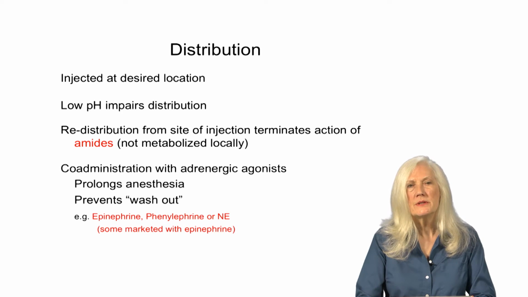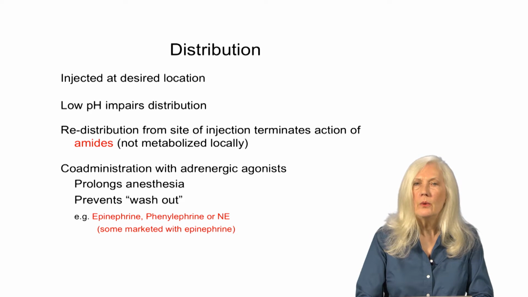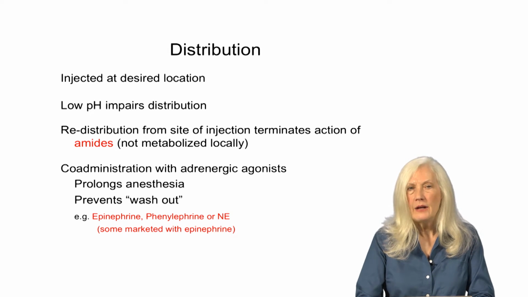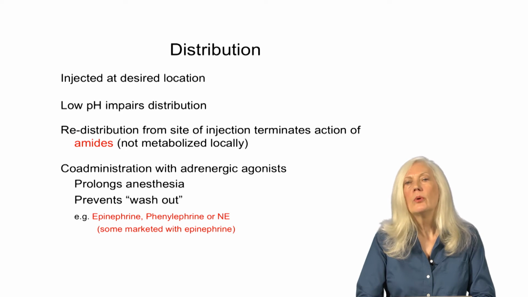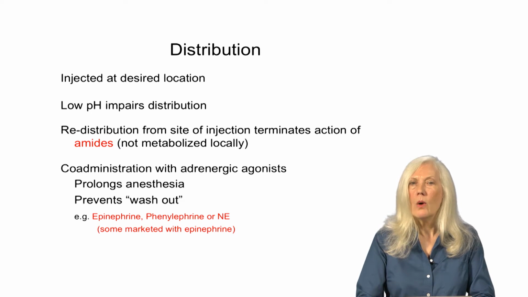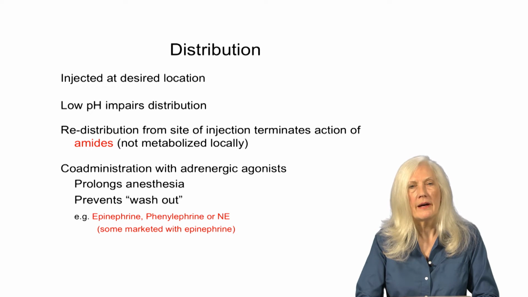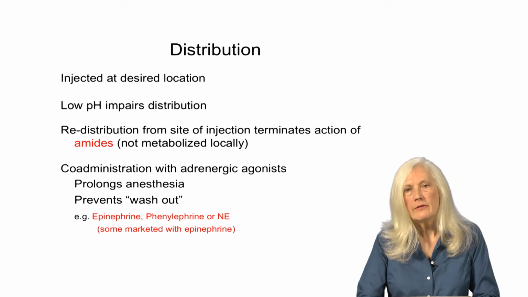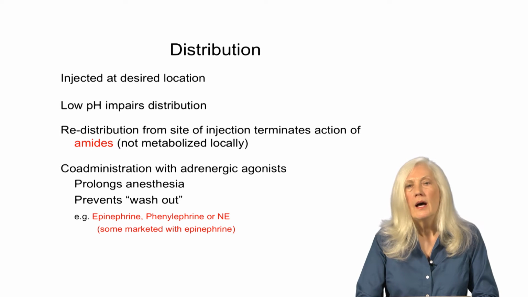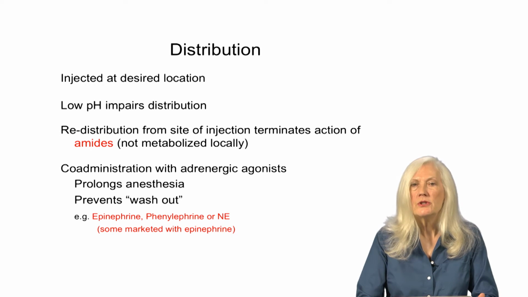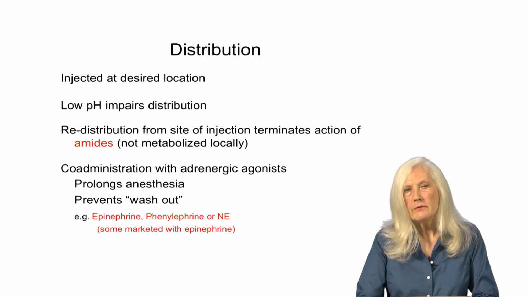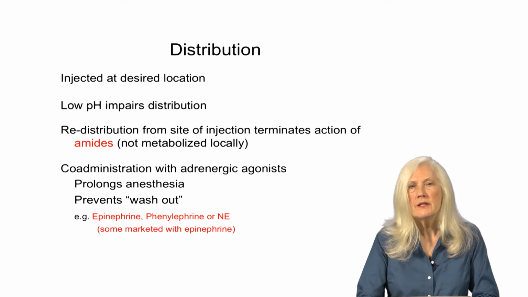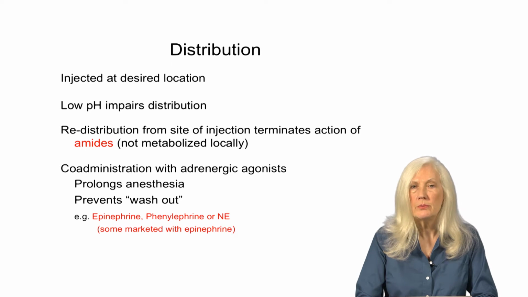Another factor influencing redistribution is that co-administration of adrenergic agonists prolongs anesthesia by preventing the washout of drug from the site of action. In other words, epinephrine, phenylephrine, and norepinephrine are able to cause vasoconstriction, which decreases blood flow at the site of injection. With decreased blood flow, there's a decrease in the tendency for the local anesthetic to redistribute to the vasculature and be washed away.